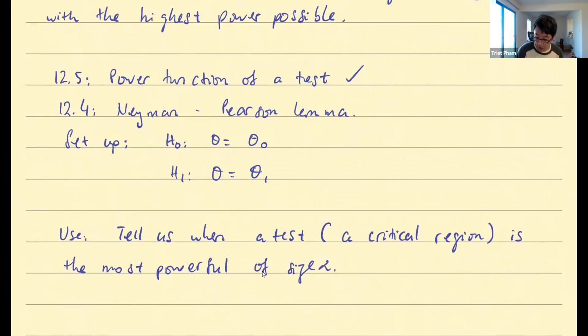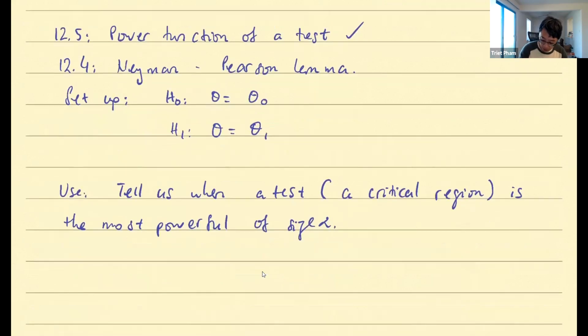So among the critical regions of size alpha, the one that satisfies the Neyman-Pearson criterion is the best, meaning the most powerful. The flavor is very much like the UMVU: among the unbiased estimators, the one that meets the Cramér-Rao lower bound has the lowest variance. So among the critical regions of size alpha, the one that satisfies the Neyman-Pearson criterion will be the most powerful.